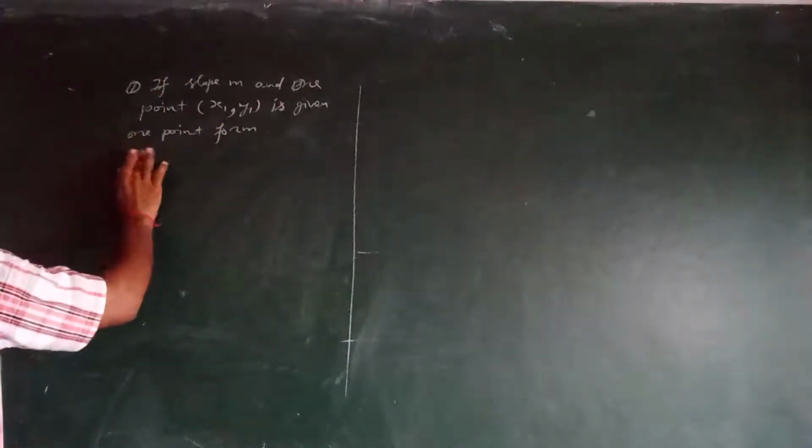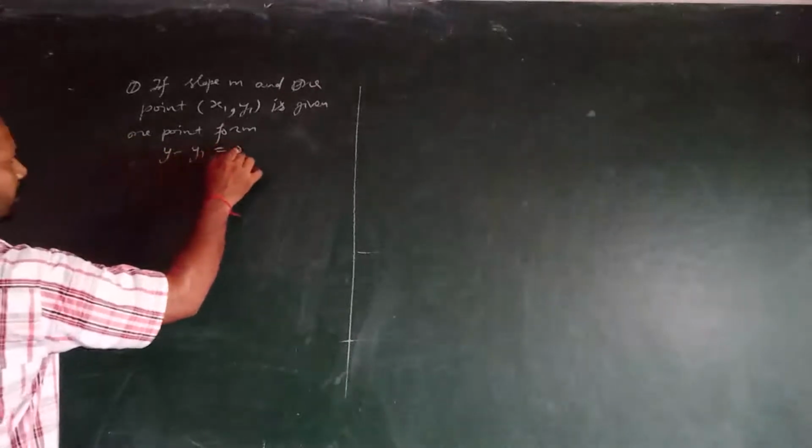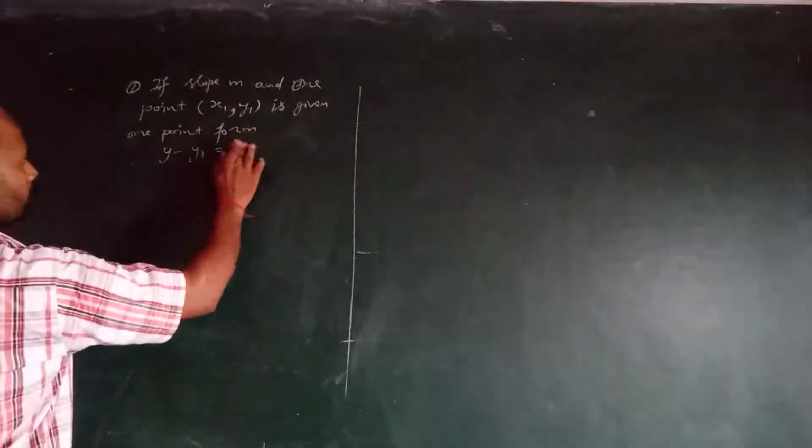That is y minus y1 equals m into x minus x1.